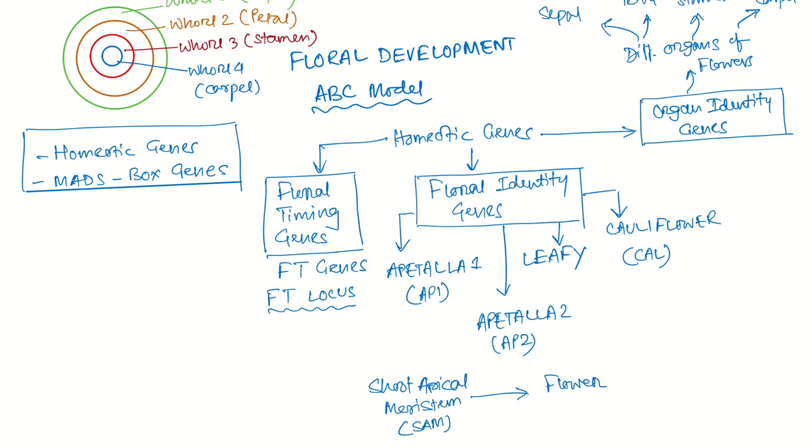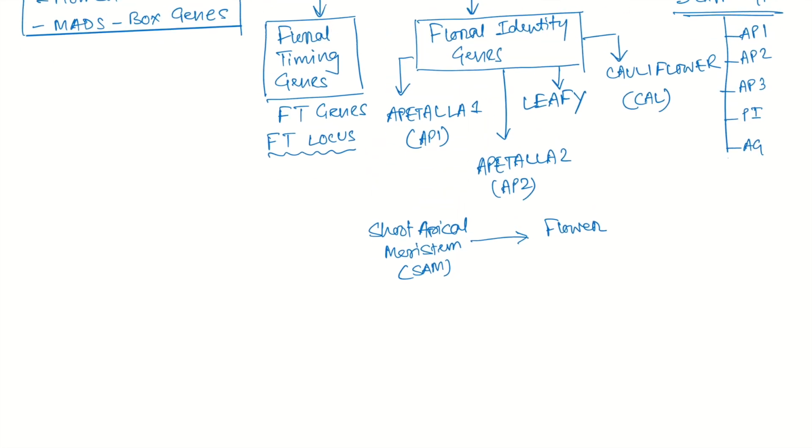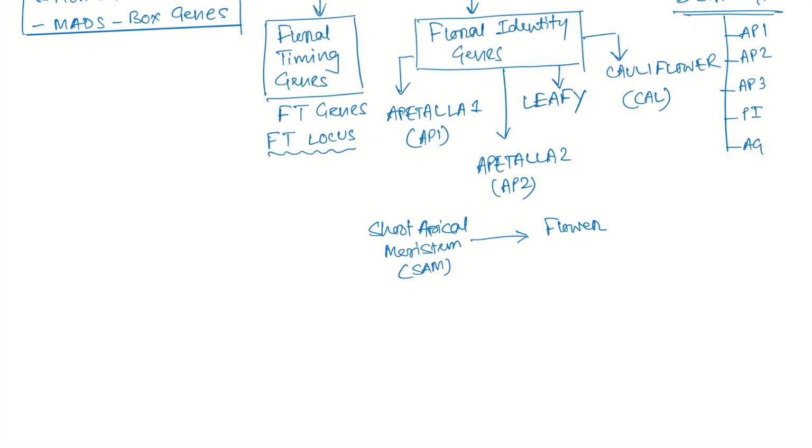And these different organs will be developed by organ identity genes, and there are 5 different types of organ identity genes: Apetala 1 or AP1, AP2, AP3, Pistillata or PI, and Agamous or AG. So Apetala 1 and Apetala 2, these two are common members of both floral identity genes and organ identity genes.